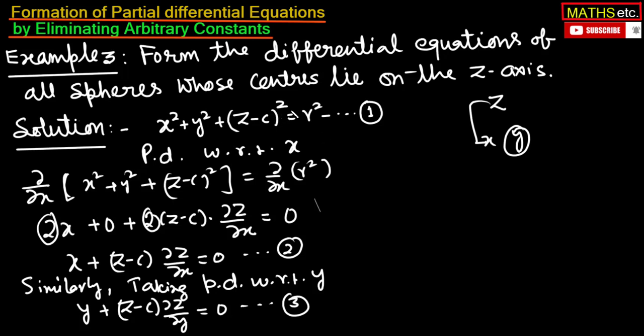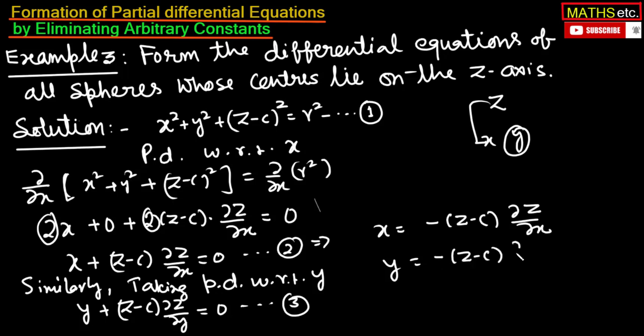Now we have to eliminate r and c from equations number 1, 2 and 3. How will we do it? One way of doing it is, we can write equation 2 as x equals minus (z minus c) del z over del x. Equation 3 we can write as y equals minus (z minus c) del z over del y.